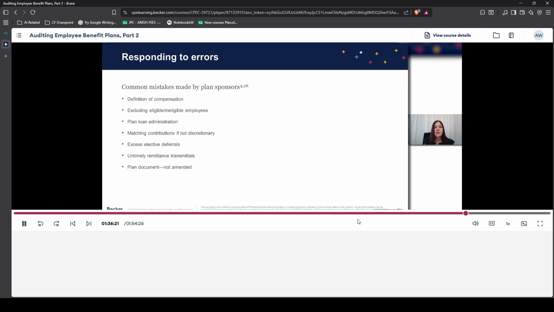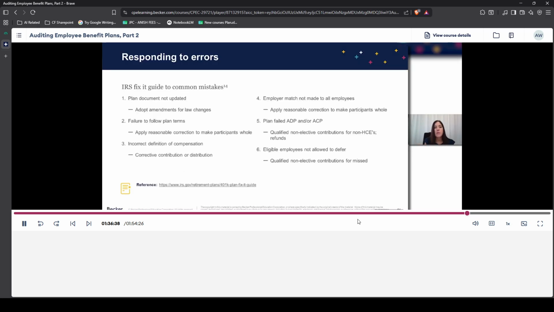So these are some of the common mistakes made by plan sponsors, and some of these we've already mentioned. Definition of compensation, excluding eligible or including ineligible, plan loan administration, matching contributions, excess deferrals, untimely remittances, and failure to amend the plan document. So that IRS Fix-It Guide that I just mentioned addresses a lot of those items.